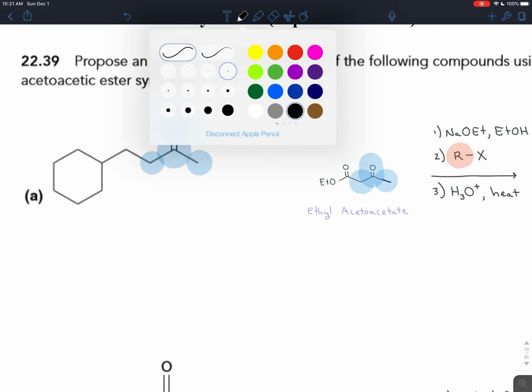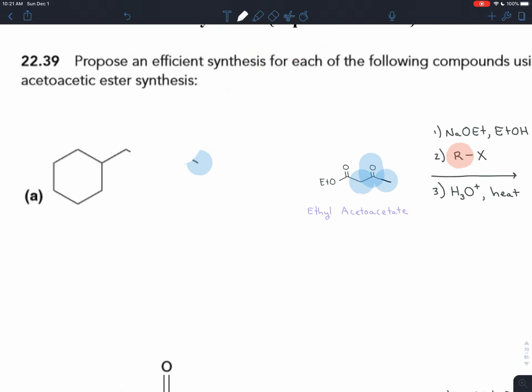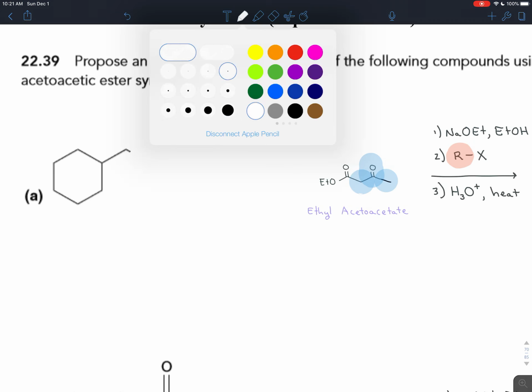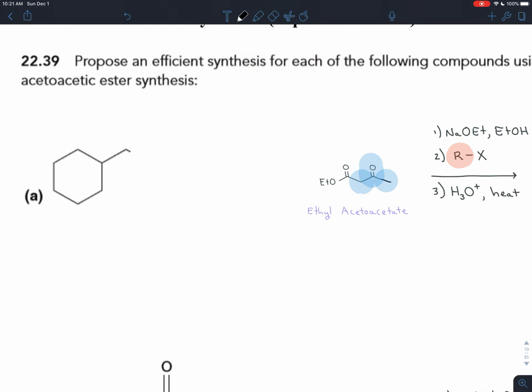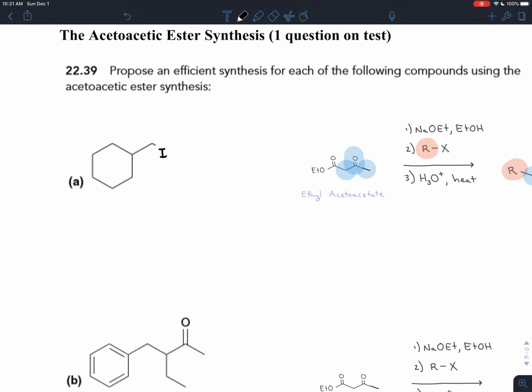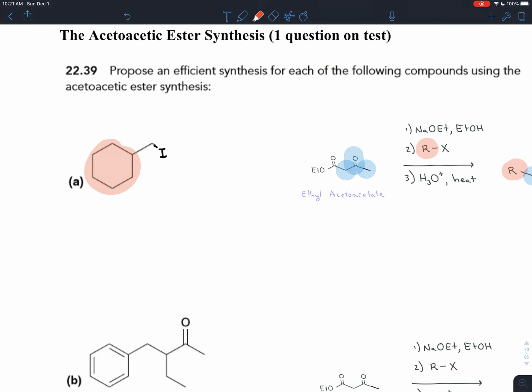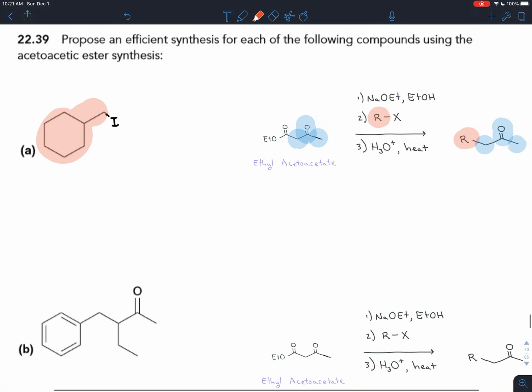So to figure out what alkyl halide we want, we'll erase those groups and replace them with a leaving group. Now it doesn't matter which leaving group you use, I'm going to use iodine here. And so that's the alkyl halide you want. That cyclohexane ring with the methyl group on the end, that's the R group that you would want. So I'll redraw that.